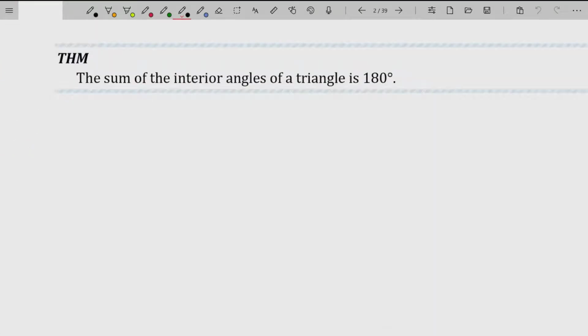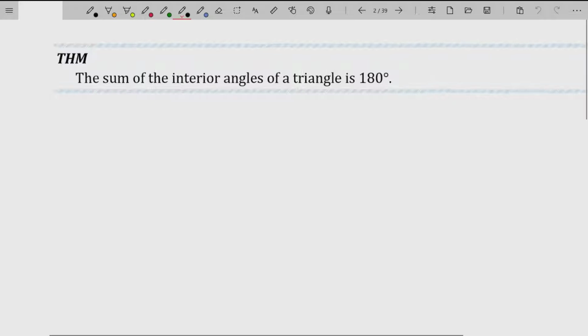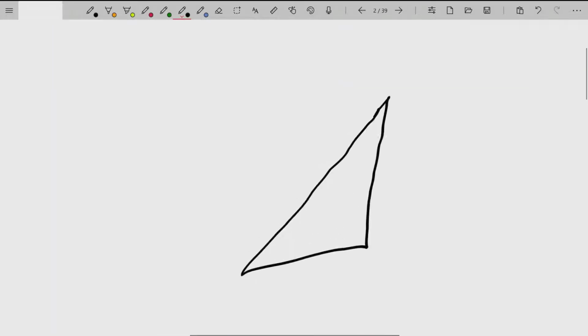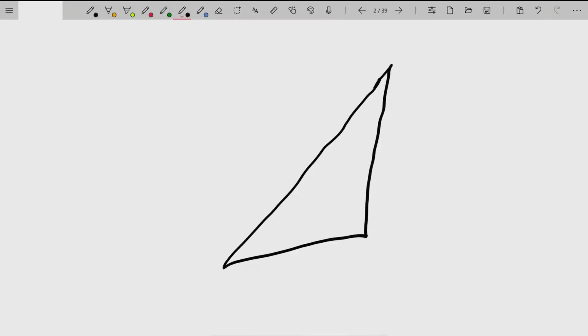This theorem should have been proved in your geometry course, that the sum of the interior angles of a triangle is 180 degrees. So just to let you know, that is an assumed prerequisite, but I just like to write that in there. What I mean by interior angles is if you have a triangle like this, which is non-right, doesn't have to be a right triangle, we'll call this triangle ABC.